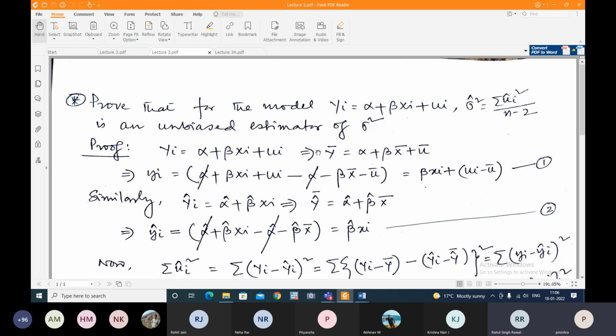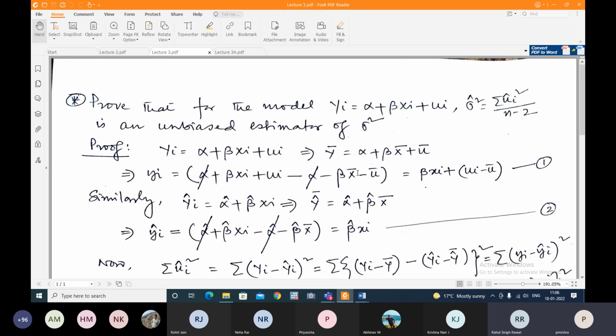Now, when we take deviation from mean, that is small yi, that gives us this minus this, and alpha would be cancelled out. So essentially we have beta capital Xi minus beta capital X bar. If I factor out beta, I have beta into capital Xi minus X bar, which is nothing but small xi.